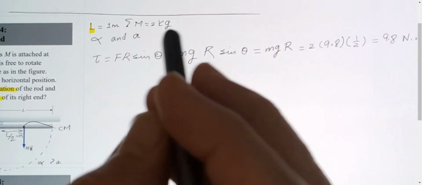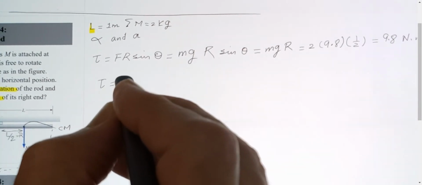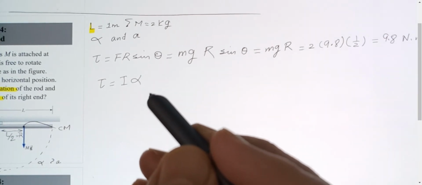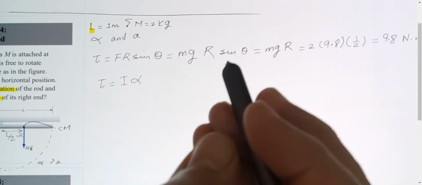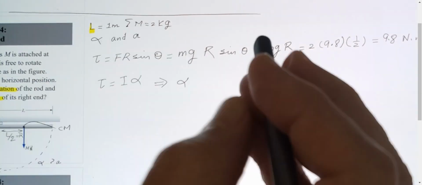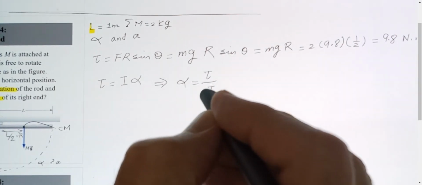He wants alpha. We know that torque is equal to the moment of inertia multiplied by the angular acceleration. So alpha, which we are interested in, is equal to torque divided by the moment of inertia.